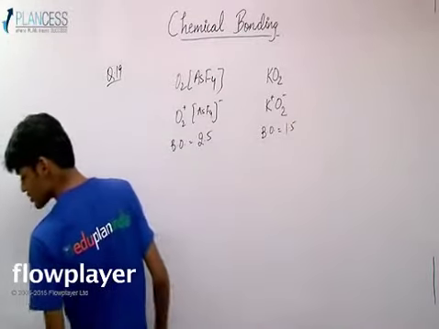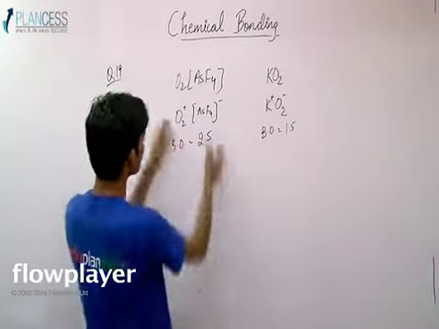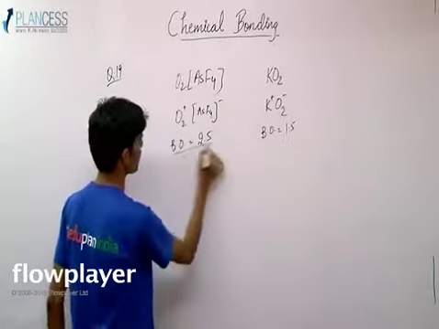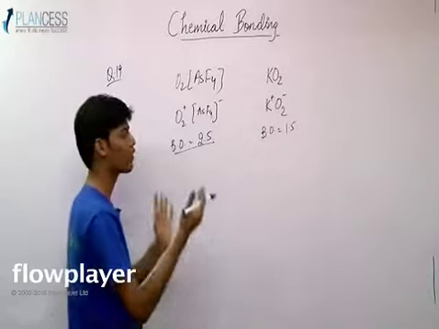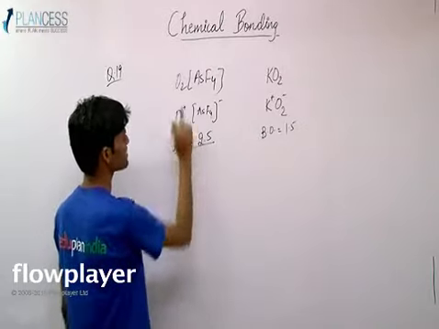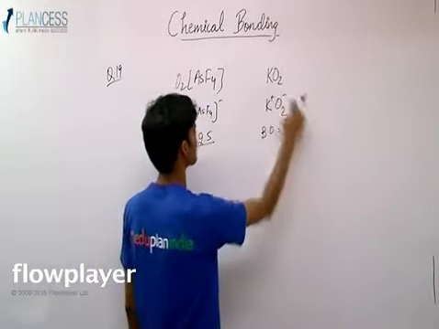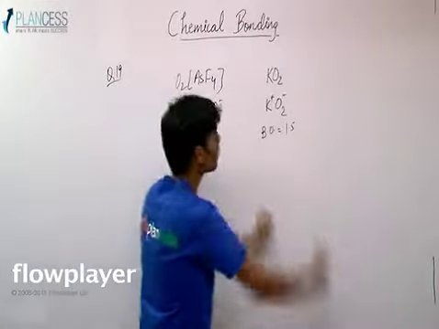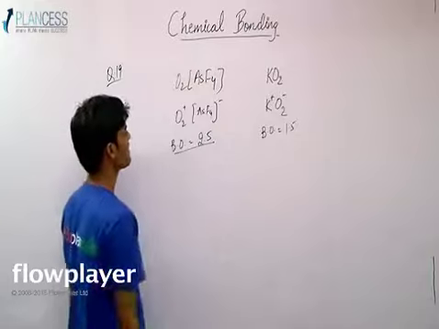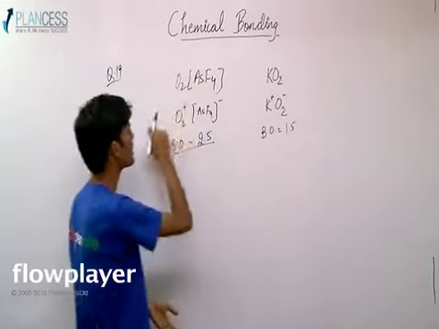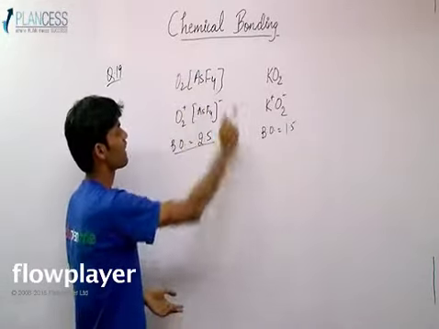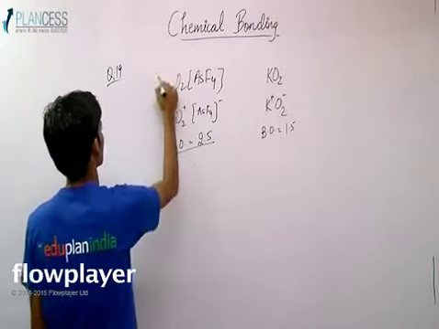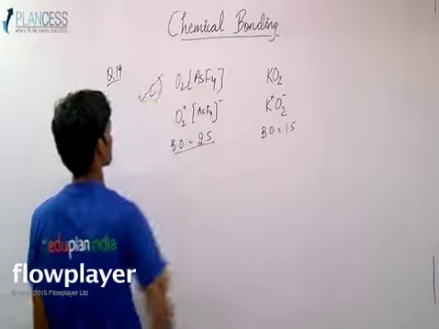The statement was that the O-O bond length in this is greater than in this, but we know the bond order is inversely proportional to bond length, and the bond order of O2+ is greater than the bond order of O2-. Therefore the bond length of O2+ is less than that of O2-. Therefore the statement that the bond length of O2+ AsF4- is greater than that of K+ O2- is incorrect. So C is an incorrect statement, so we have to take this also.